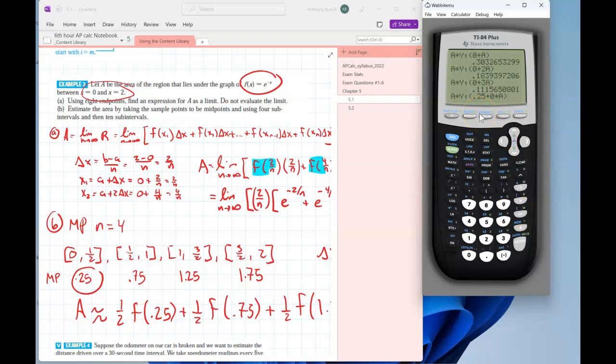That's going to definitely start with f of 0.25. Everybody agree? Well, I was doing right endpoints instead of midpoints. Yep. And then if I add 1/2 to 0.25, I should be at 0.75, which will be the next one.